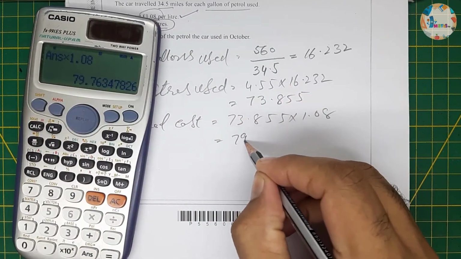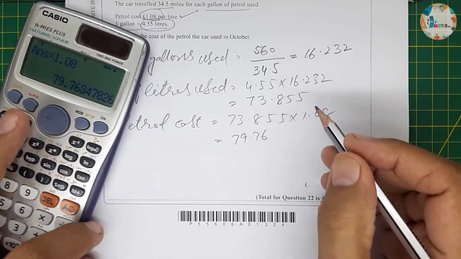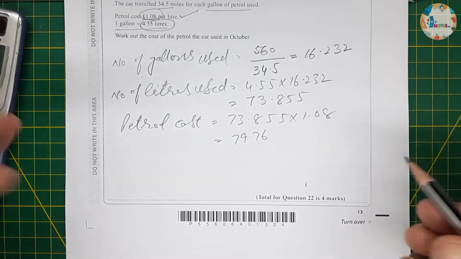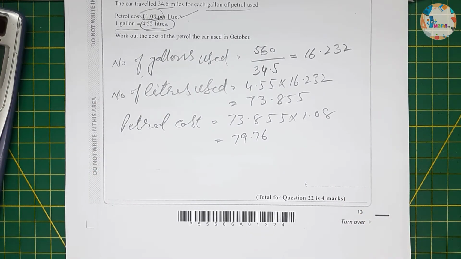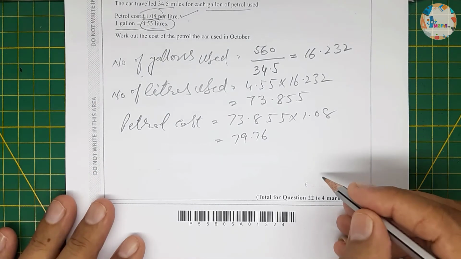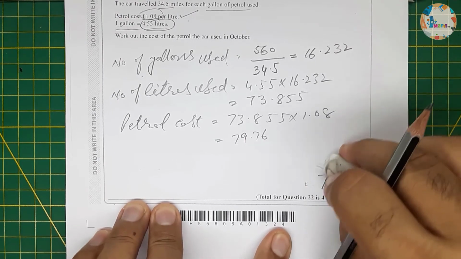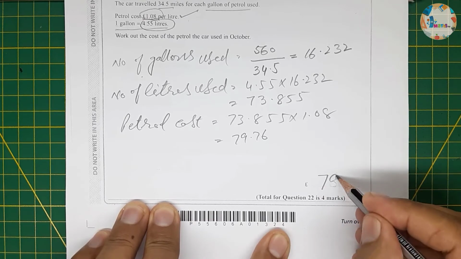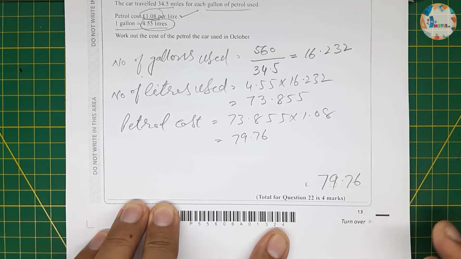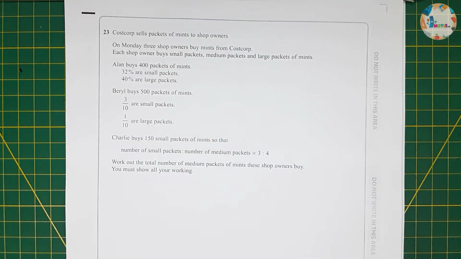So we can write 79.76 in the proper place as our answer.